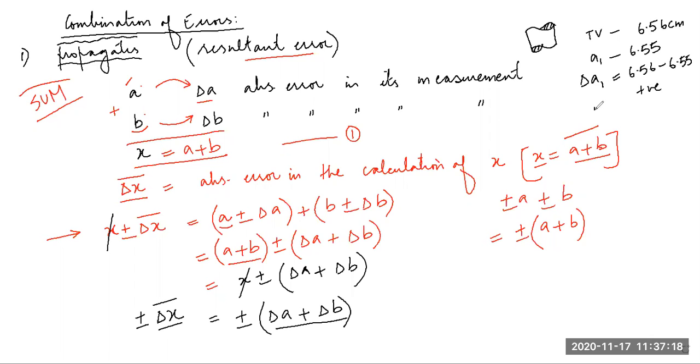But if my measured value, let's say A2, is more than the true value, 6.57, then my absolute error related to the second observation, delta A2, would be negative. So the absolute error may be positive, may be zero in case my measured value is equal to the true value, or may be negative. That's the reason I have used plus and minus sign. So the first case is over: when I add two quantities, the resultant error is the sum of the two errors. Same is the case when I subtract them.